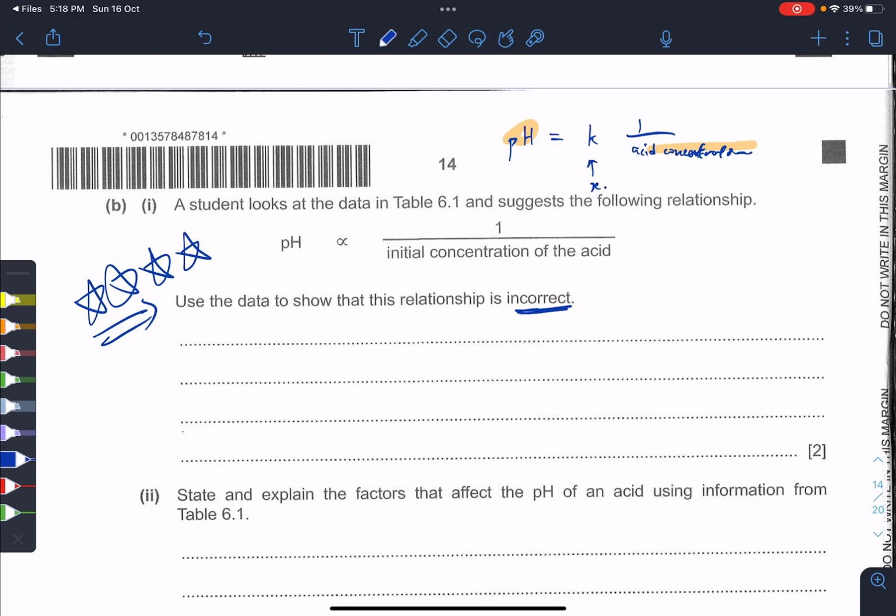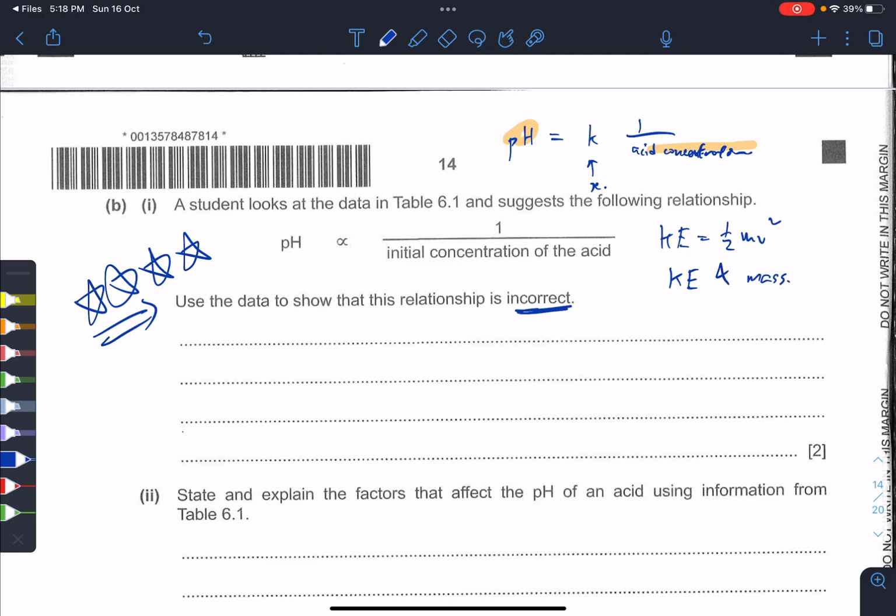The KE, kinetic energy, is half mv squared, right? We know that. Physics formula, very cool. So what if I say KE is proportional to mass?